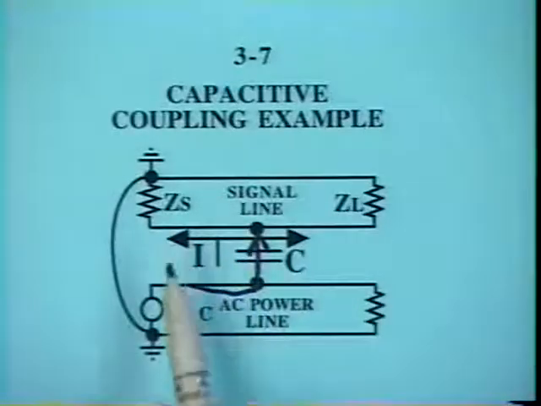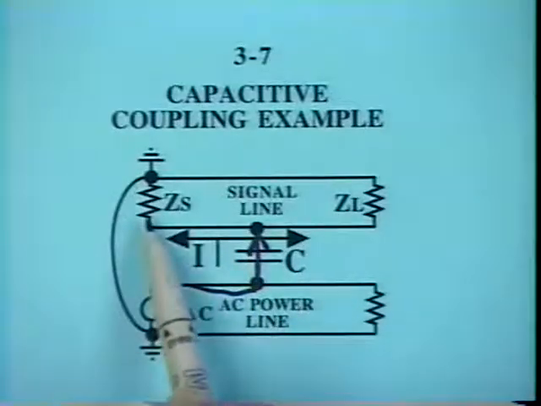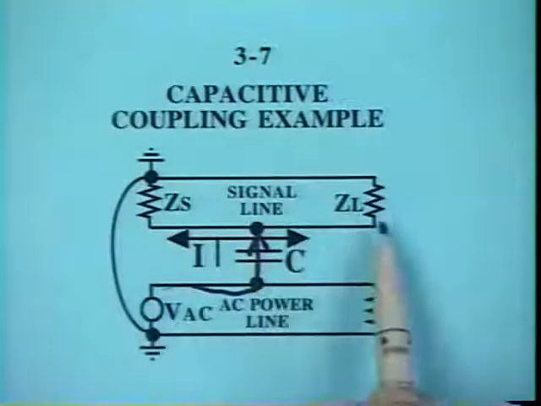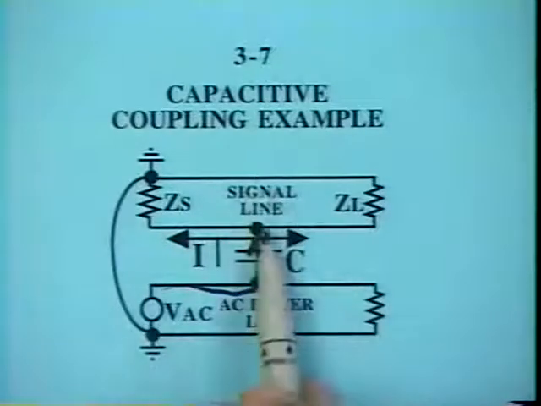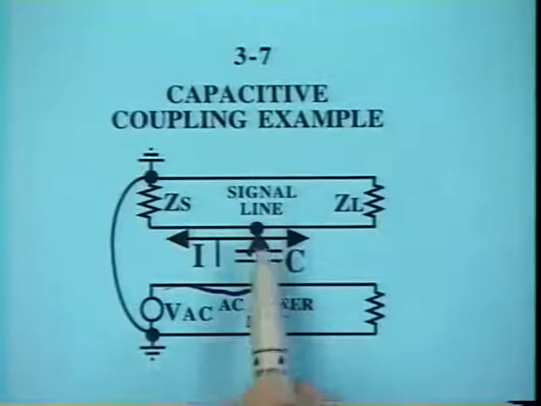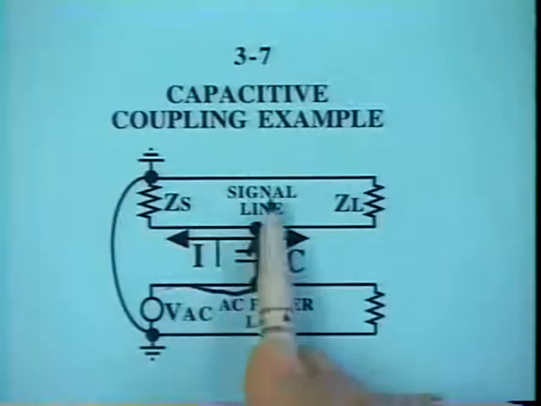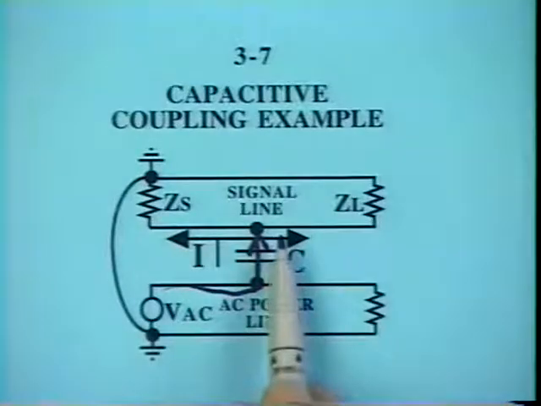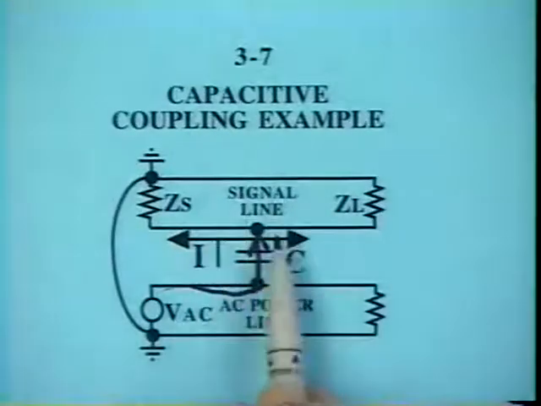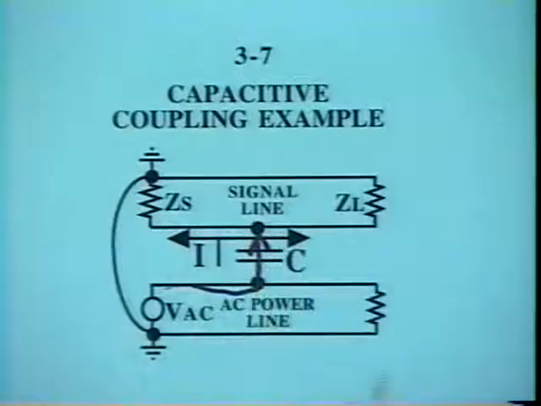Now the susceptible circuit is represented as having a source impedance on one end and a load impedance on the other end. Now notice I don't show any wiring impedance here. In the first session we spent a lot of time discussing the self-inductance and the self-capacitance of the wiring and so forth. And here I just completely ignore all that. Well, in a typical situation, the impedances on the end of the circuit should control the current in the circuit.